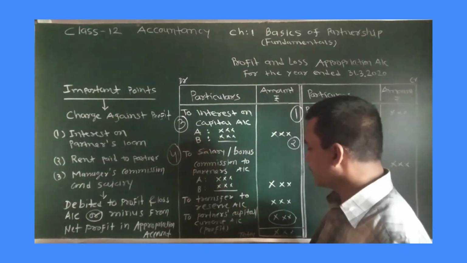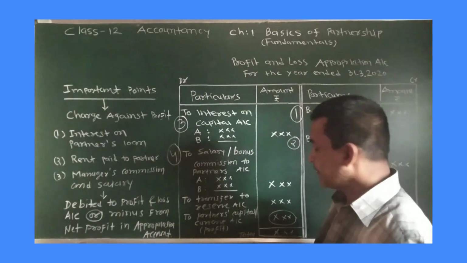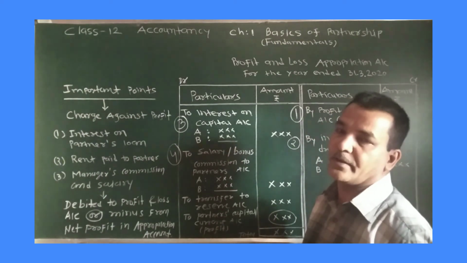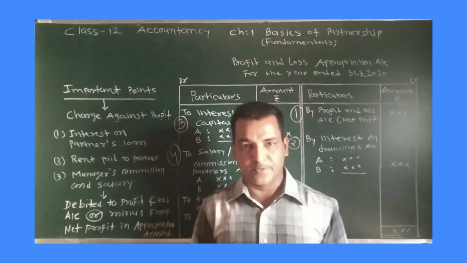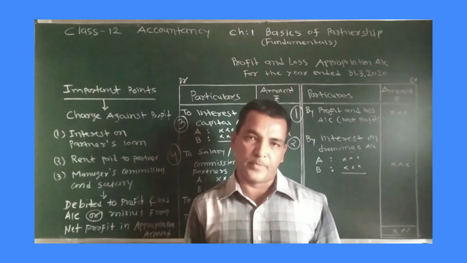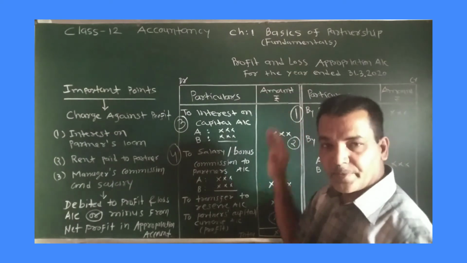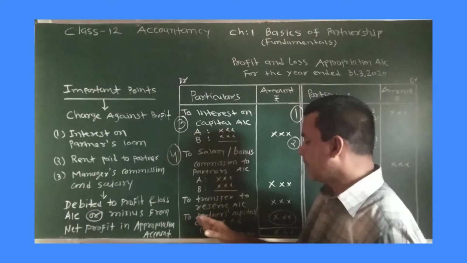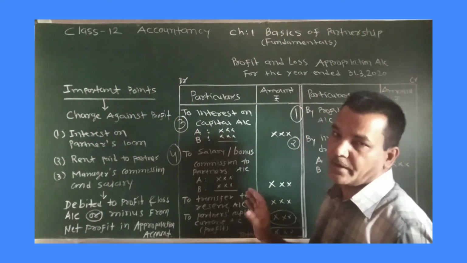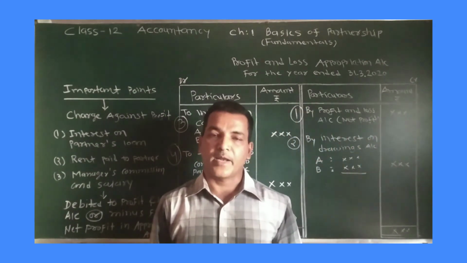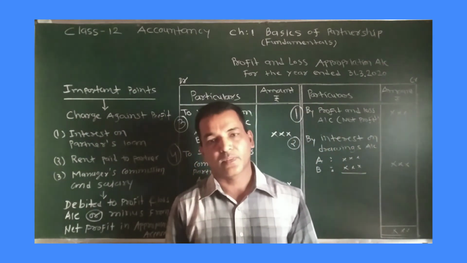At the end, we find divisible profit, and this divisible profit is individually distributed among the partners in their profit sharing ratio. So the entry for this would be profit and loss appropriation account debit to partners' capital or current account. Individually with the partner's name, we will write this amount.